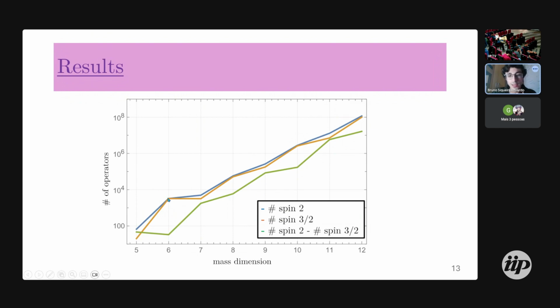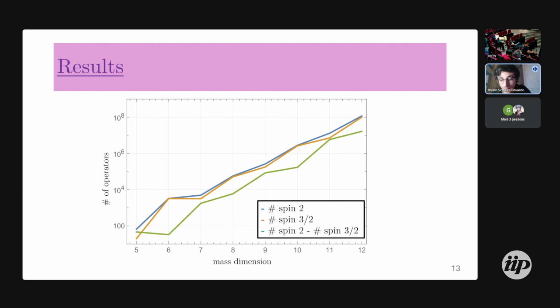It is clear why each of them grows exponentially, but why their difference grows exponentially is something that I haven't found an explanation for yet. But for sure there's some interesting physics behind it as well. And just to emphasize, this is the counting of operators of the standard model together with an additional singlet, a higher spin singlet, which could potentially be a dark matter candidate.